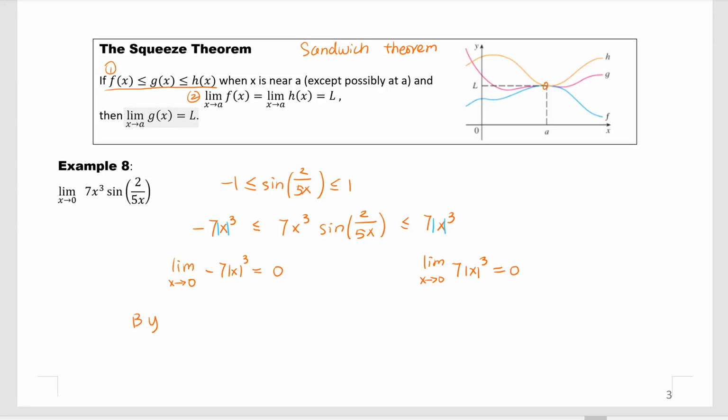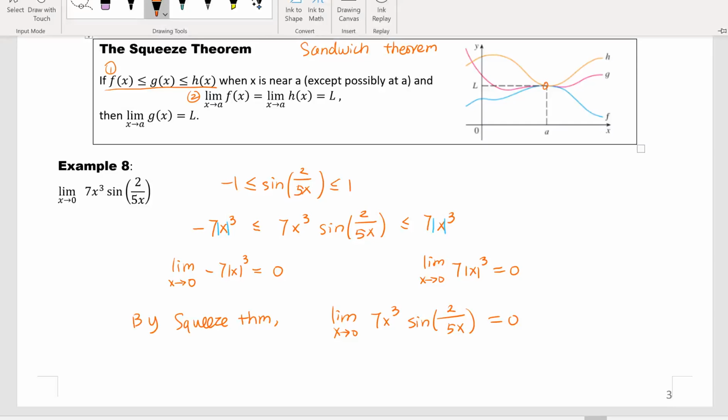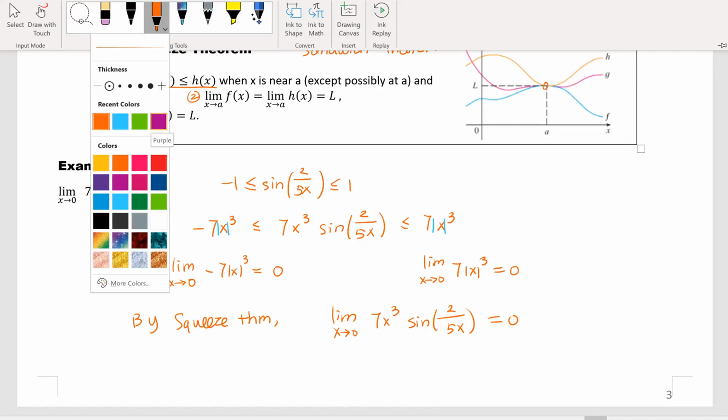Then by the squeeze theorem, our middle guy also has the same limit, 0. So this is the complete proof of our problem.